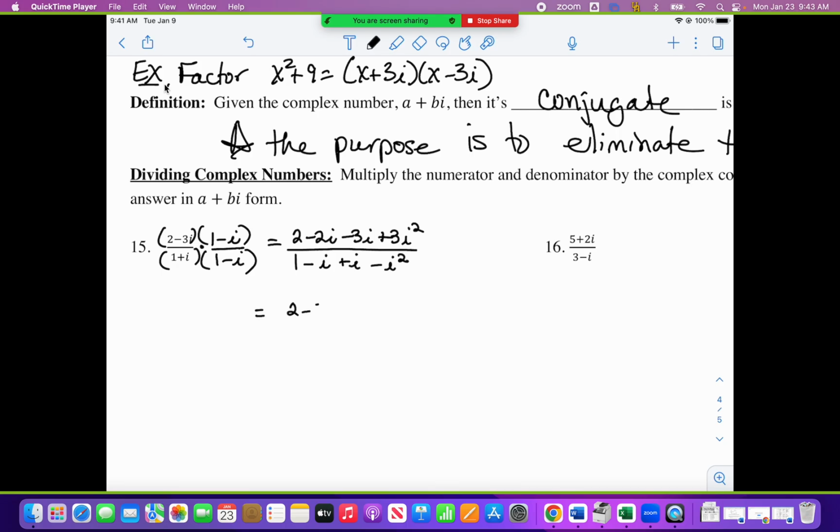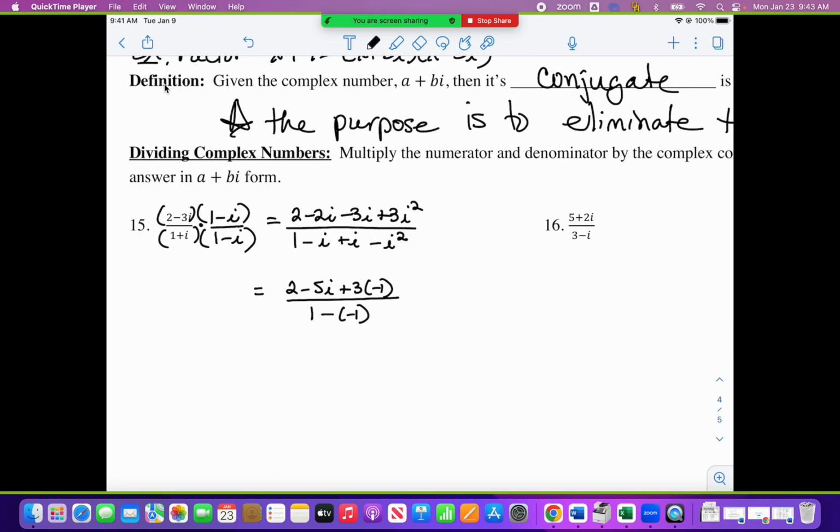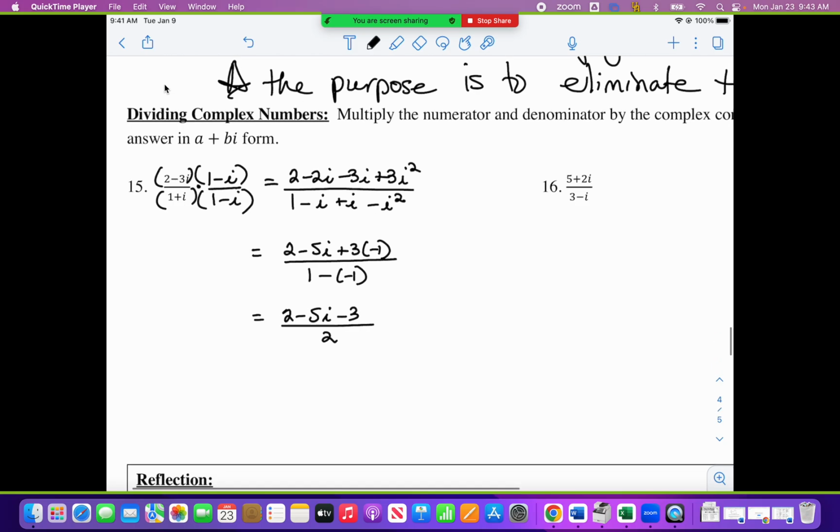So that's 2 minus 5i plus 3 times negative 1. Down in the denominator, the outer and the inner cancel, which is what I wanted. I wanted to eliminate i. So then I get 2 minus 5i minus 3 over 2.